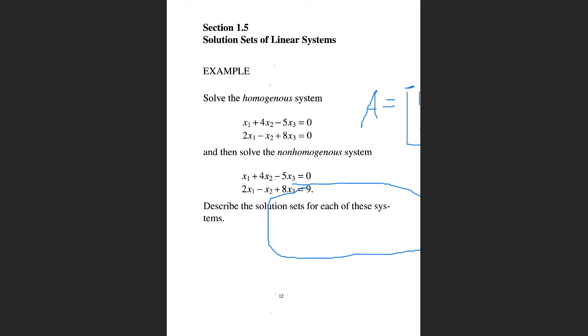So it's blank, blank equals blank. All I'm asking is, this is a system of equations. A system of equations can be written as a matrix equation. And I'm asking, what is that matrix equation? What's going to go in the first slot here?